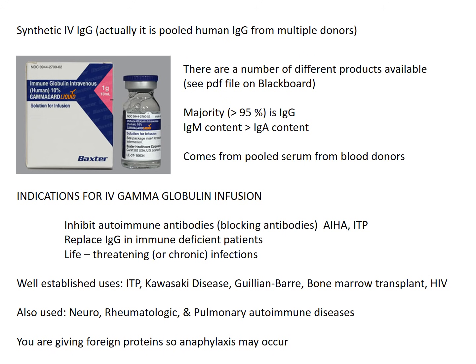So if they have an autoimmune disorder such as autoimmune hemolytic anemia, ITP, and you want to stop the destruction of the blood cell, this might be useful. Individuals who have IgG deficiency, individuals with life-threatening or chronic infections, you might be able to give IgG. A lot of different reasons why you give IgG.